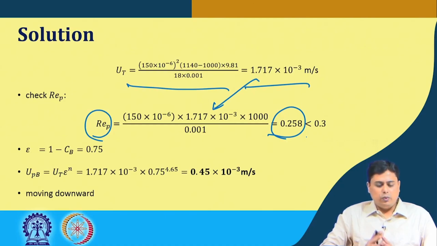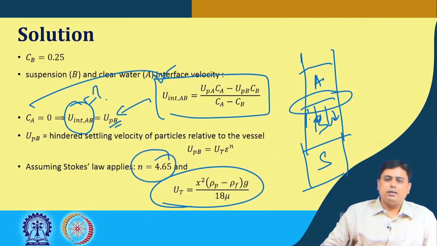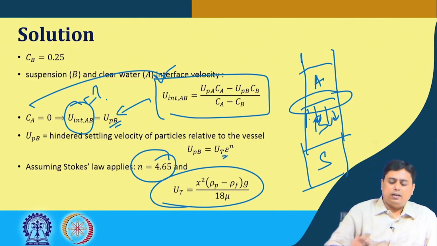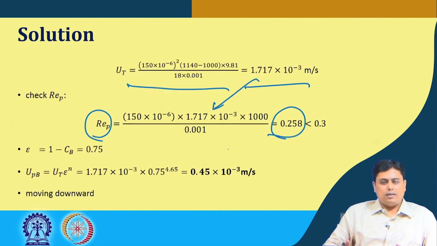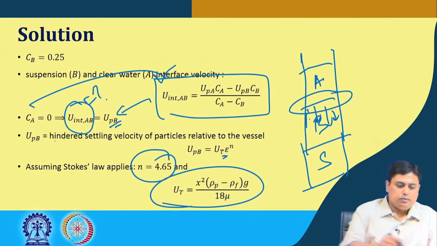So, we can assume this settling is happening in the Stokes law region, and therefore, we can use the value of n to be 4.65 to calculate the hindered settling velocity. Now, here epsilon is 1 minus the concentration of the solids, because this is the initial concentration, which is 0.25.